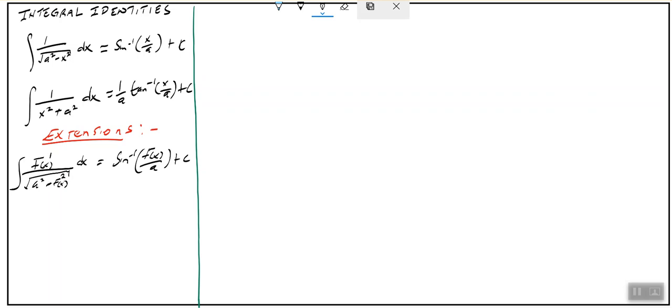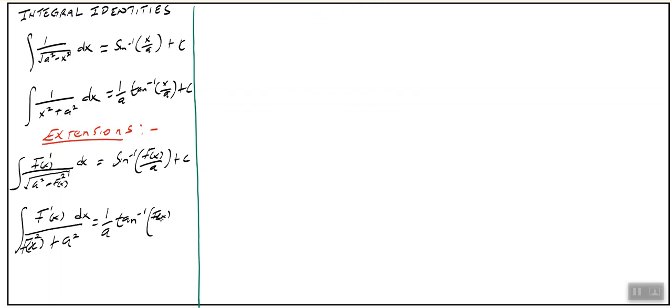It's just by U substitution. If you apply U substitution, this is what you get. Similarly, the integral of f prime of x divided by f of x squared plus a squared dx will give me 1 divided by a times tan inverse of f of x divided by a, plus c.